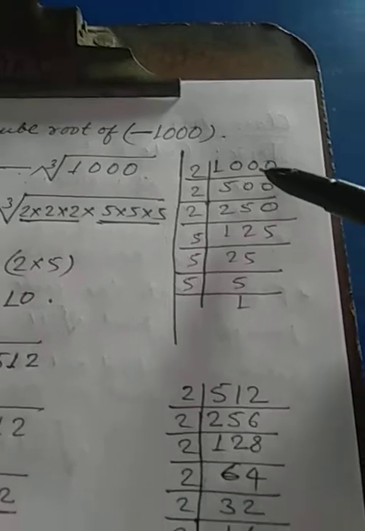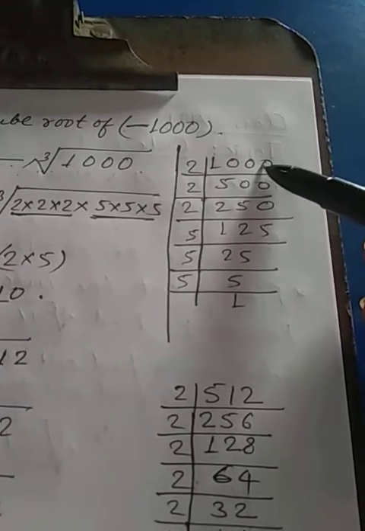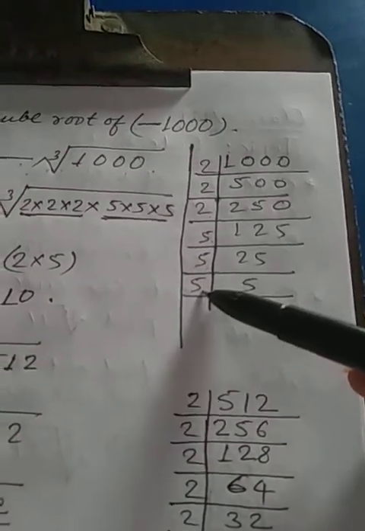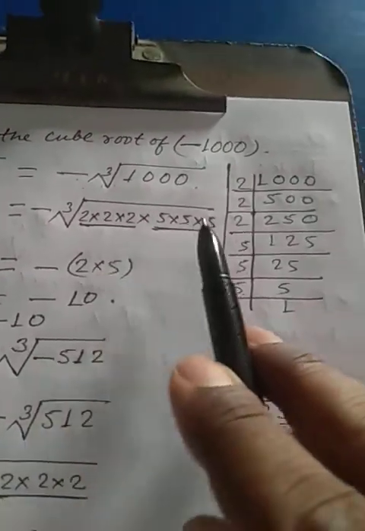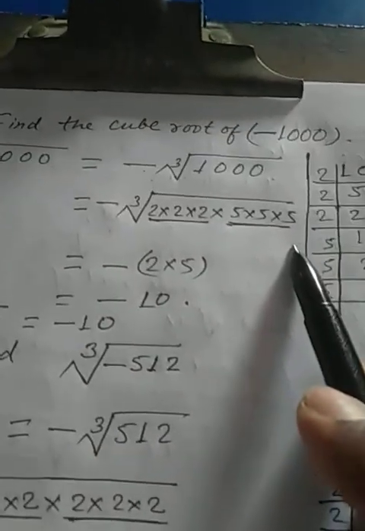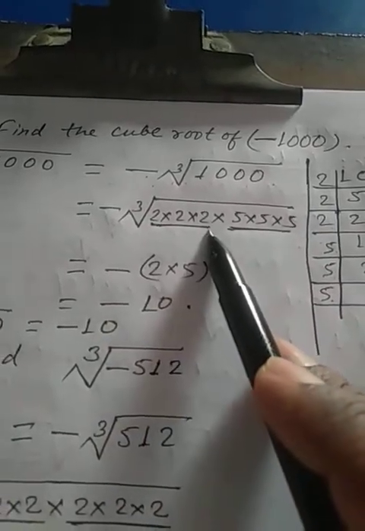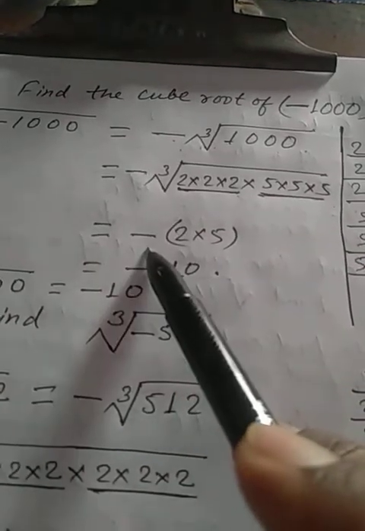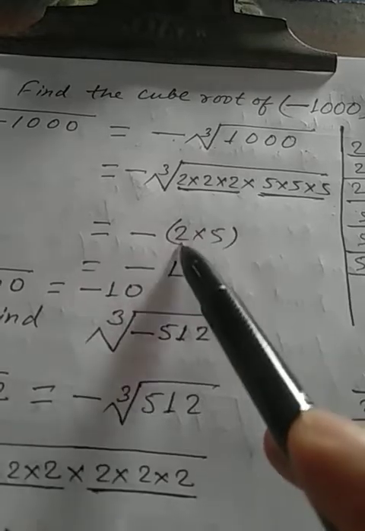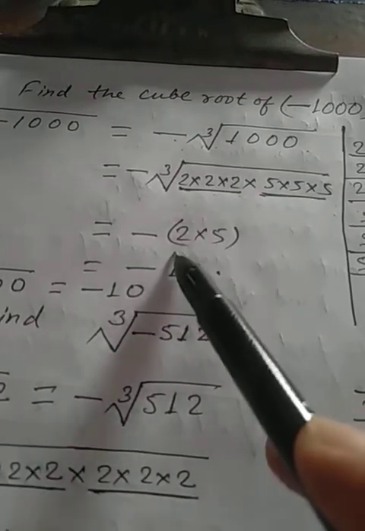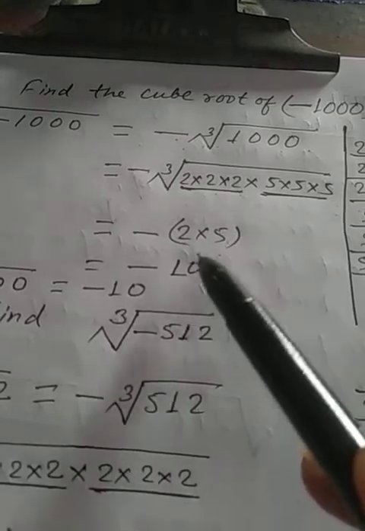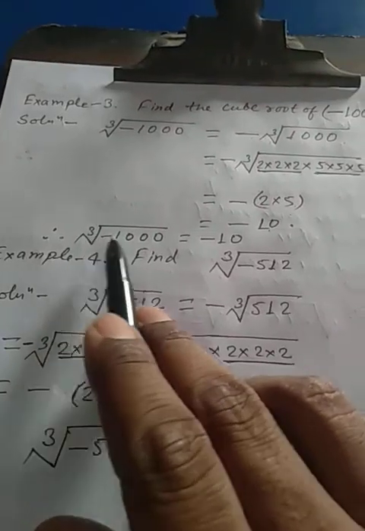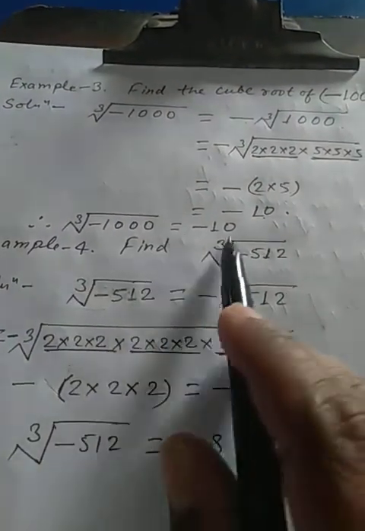It is 2, 2, 2, 5, 5, 5. It means three 2's and three 5's. Now we can make the triplet of 2 and the triplet of 5. For each triplet I am taking 1, that is one 2 and one 5, and with the negative sign it will be minus 10. So you can say that cube root of minus 1000 equals minus 10.